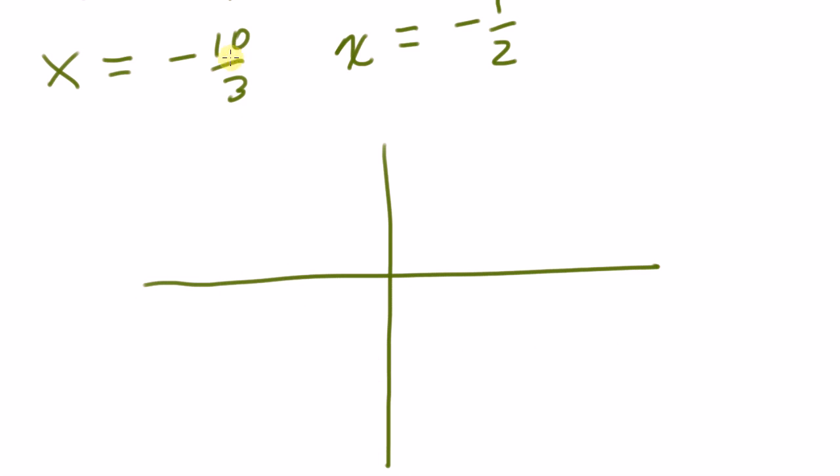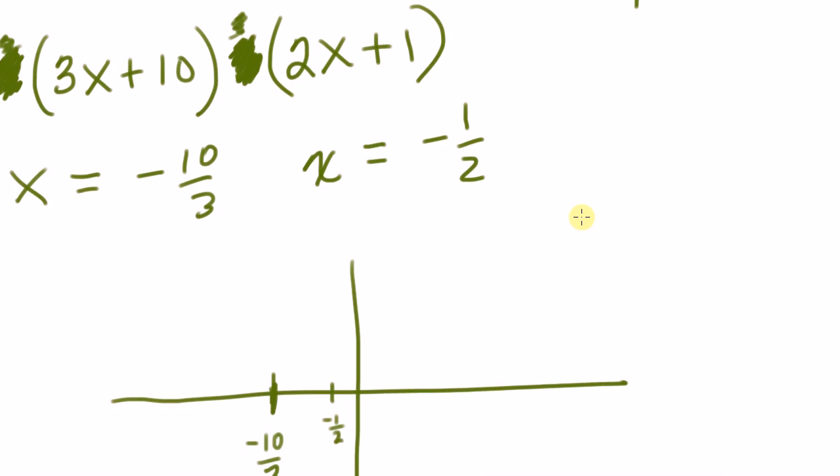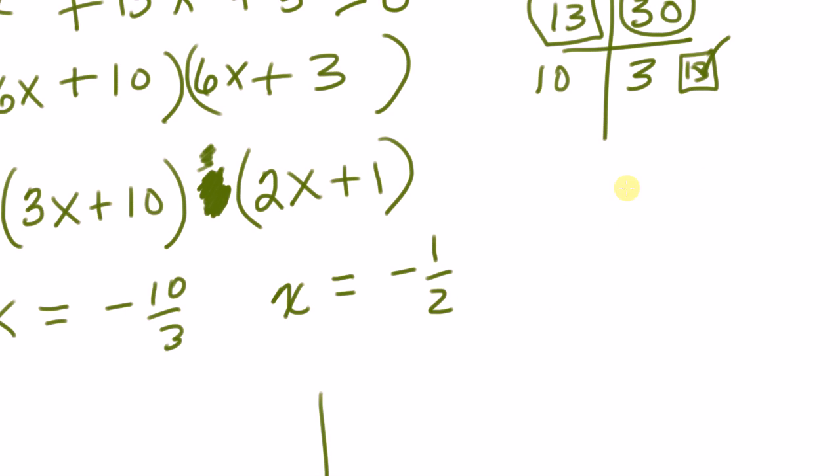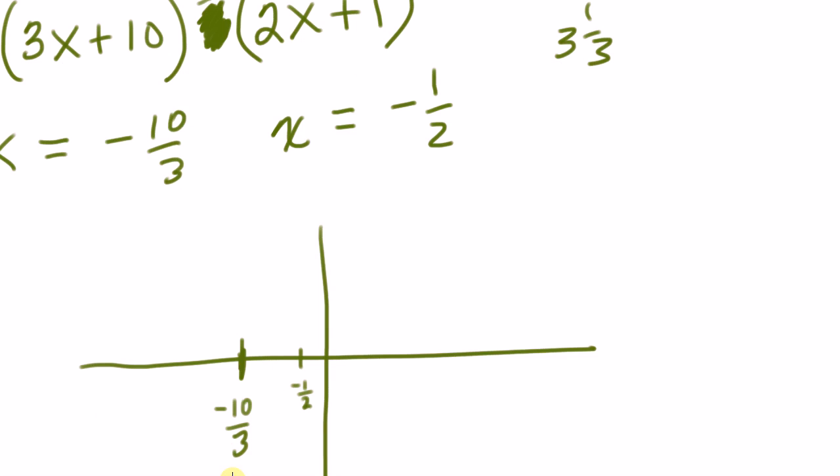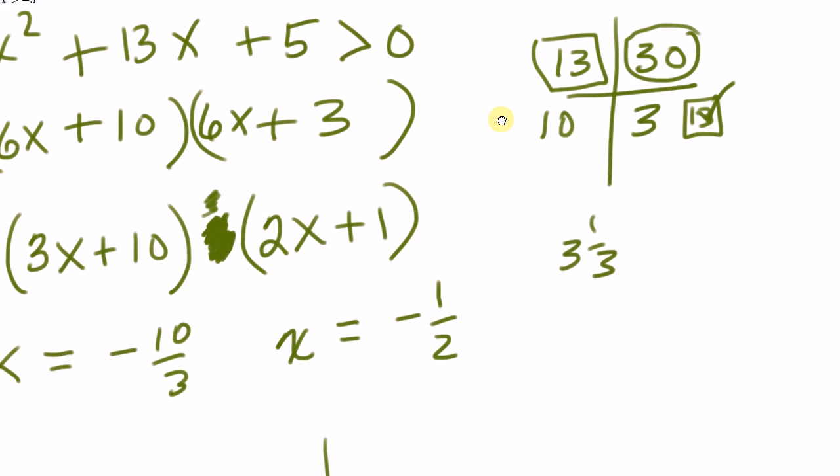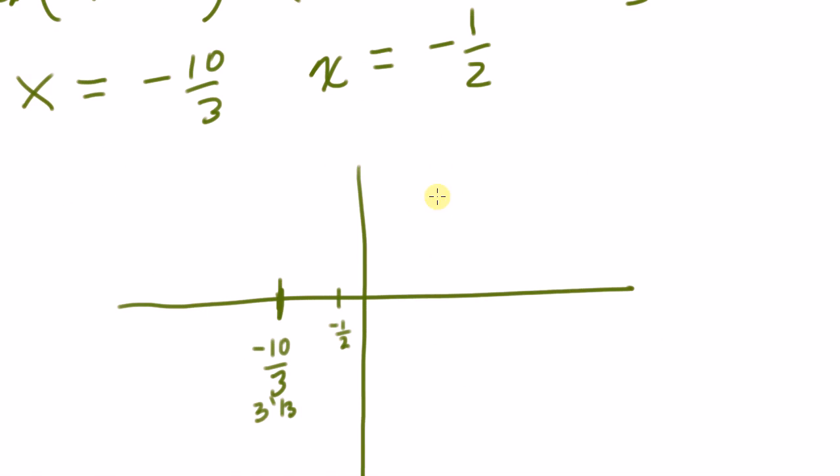And we graph. It's parabolic. Negative 10/3 is going to be here, and negative 1/2. So what's this one? 3 times 3 is 9. 3 1/3. That's 23 1/3. Okay, and we want to know when this is greater than 0. So we want the top side of this graph.